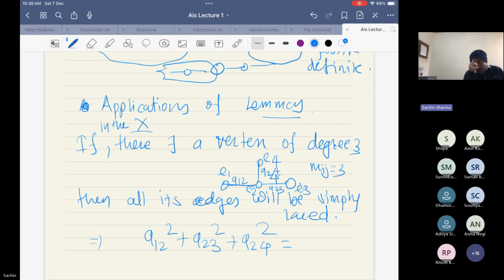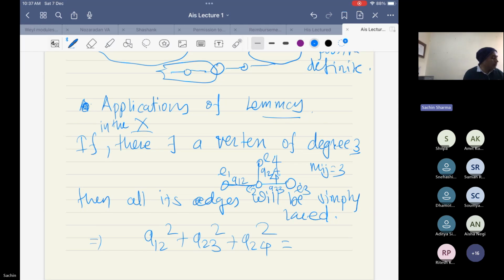Tell me this number. What will be this number, Snehashish? Sir, isn't it 3 cos pi by 3 whole square? No, I want the values. Pi by 3, so 60, half.